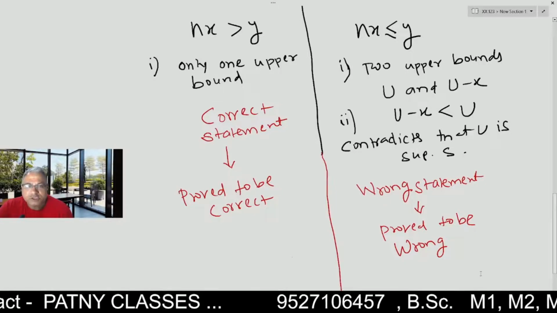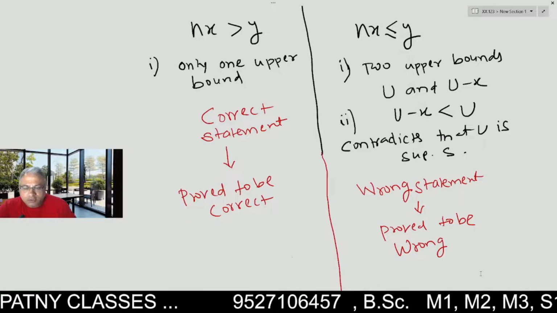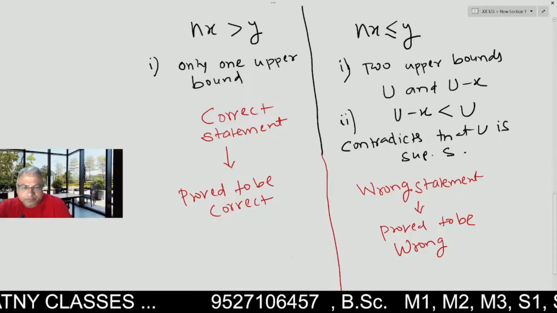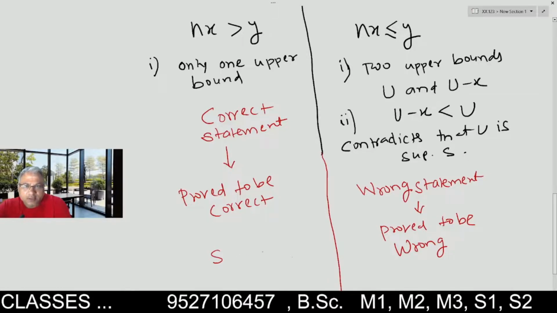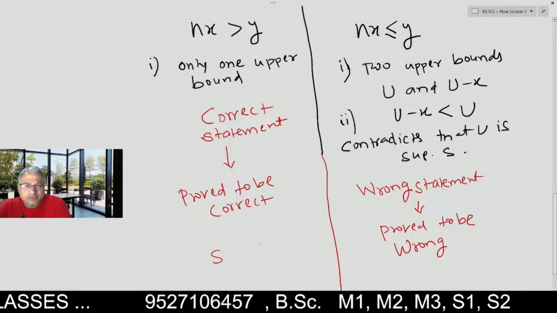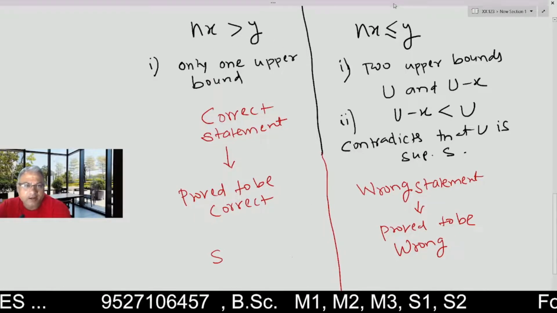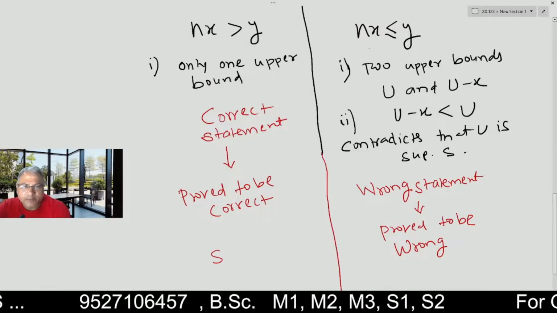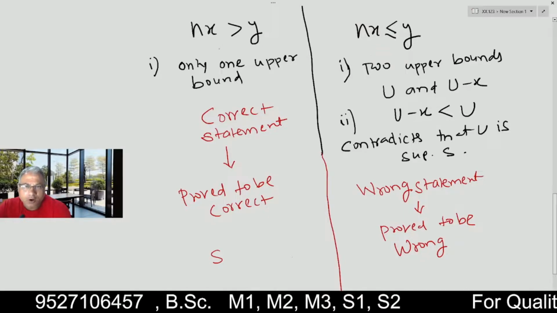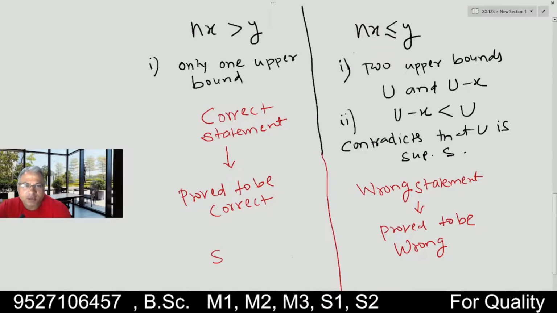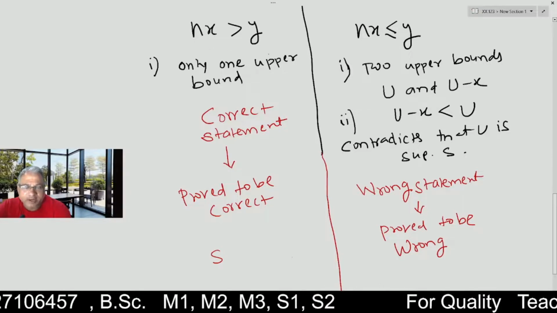From the above discussion, for the set S, we first had the statement that there always exist x and y such that nx is greater than y. Later on we had a contradictory statement, nx smaller than or equal to y. Out of the two outcomes, nx greater than y proved to be correct.